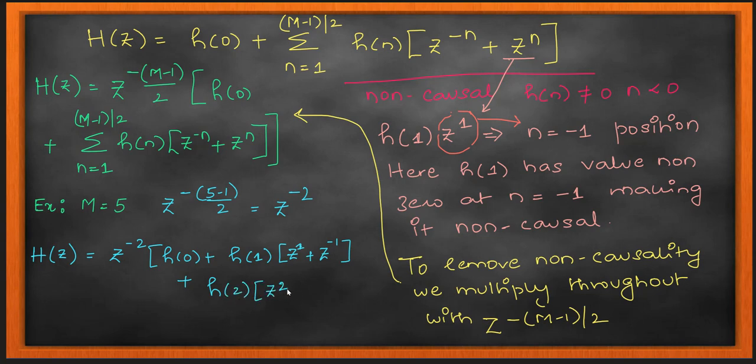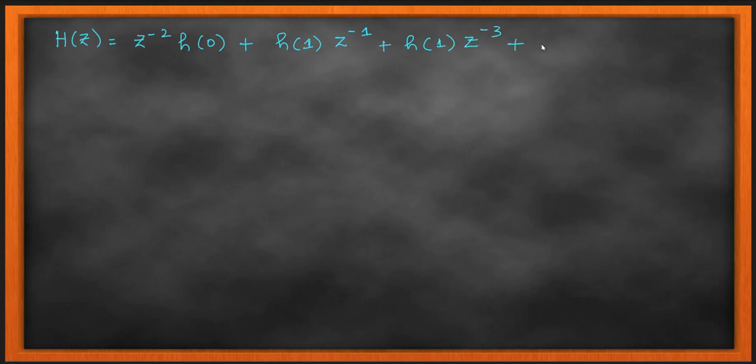I am doing the expansion after I multiply with z to the power of minus 2, and then let us see what I get. When I do this transformation, I see only negative powers of z. That means all my sampling positions are on the right side of the origin, on the positive axis.